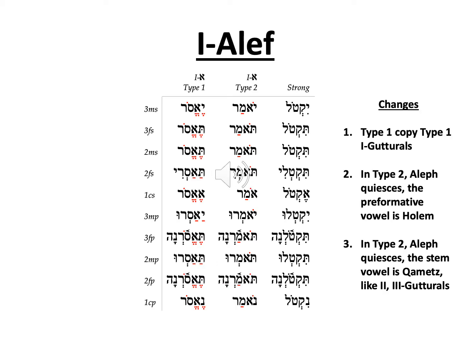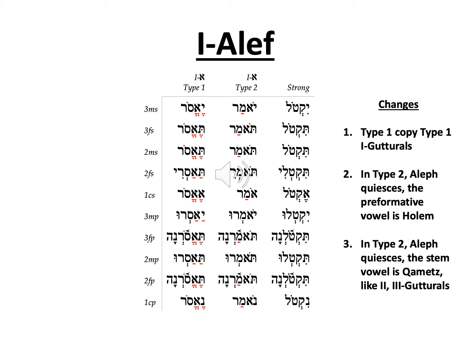Unusual things also happen when aleph is the first root letter. In many cases, the word will function very similar to other verbs that have a guttural as the first root letter. Segol will become the vowel under the preformative, and a compound schwa, a hatuf segol, will be the vowel under the guttural, and the O-class theme vowel, the holum, will remain.